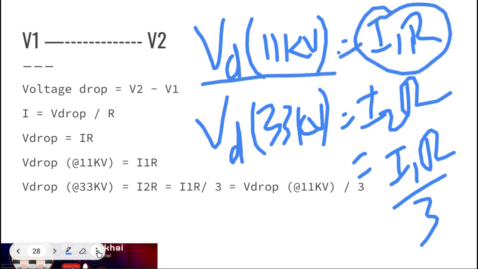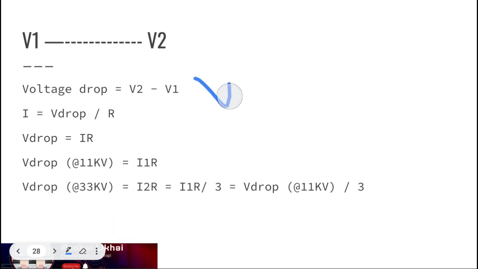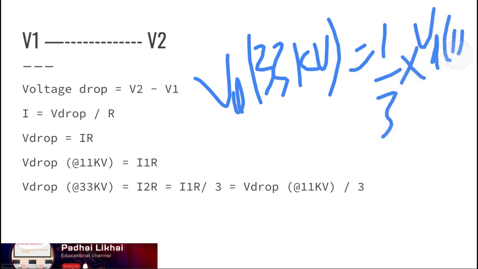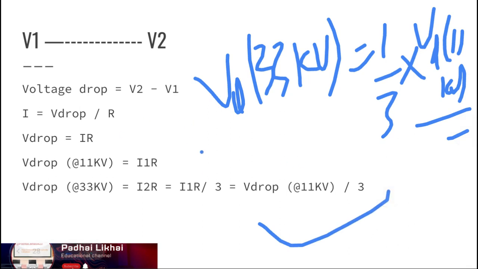So we get the relation that V drop at 33 kV is 1 by 3 of V drop at 11 kV. Is it not true? So this is beautiful.